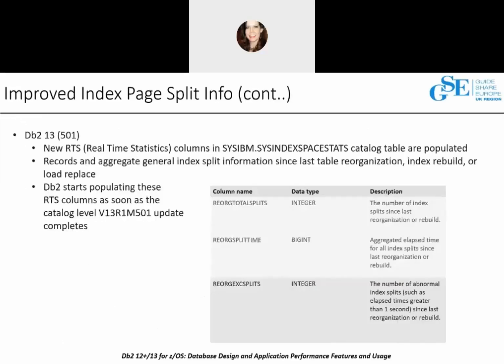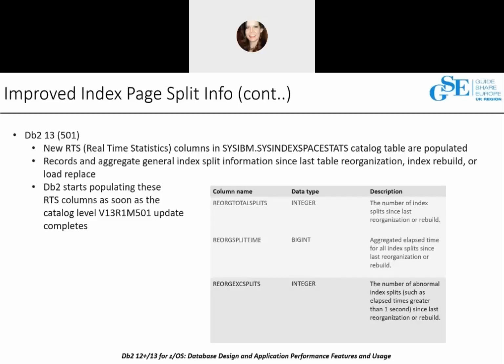So in version 13, automatically when you go into version 13, your RTS stats will start collecting 3 new stats regarding the total number of splits since the last reorg, the accumulated elapsed time for splits, and the abnormal execution splits.